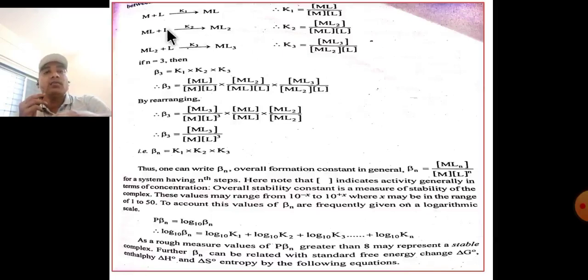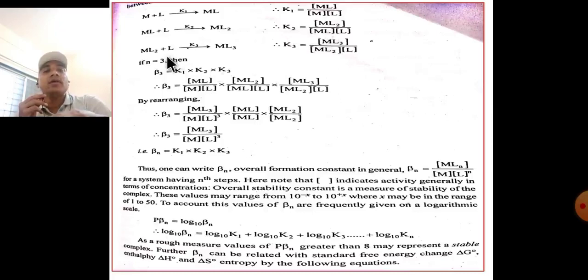First, M plus L gives ML according to the law of mass action, therefore K1 is equal to [ML] upon [M] into [L], that is, product divided by reactants. Similarly, ML plus L gives ML2, therefore K2 is equal to [ML2] upon [ML] into [L].